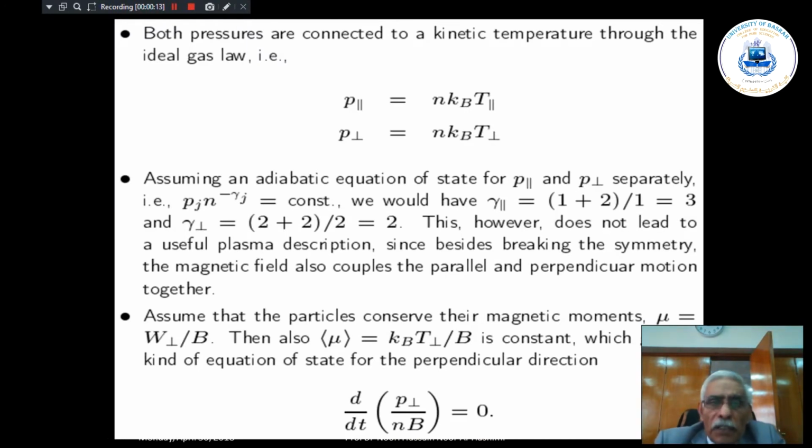Both pressures are connected to a kinetic temperature through the ideal gas law, i.e. P parallel equals n k_B T parallel and P perpendicular equals n k_B T perpendicular.